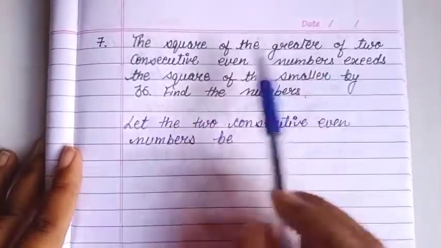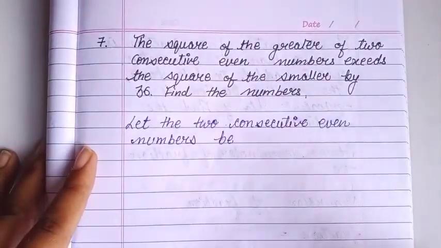The square of the greater of two consecutive even numbers. First we assume two consecutive even numbers.